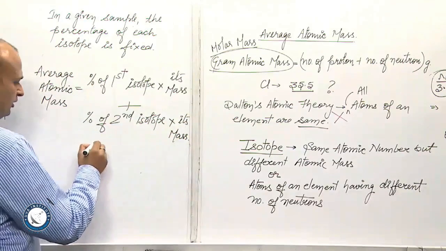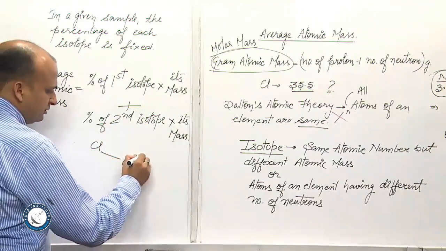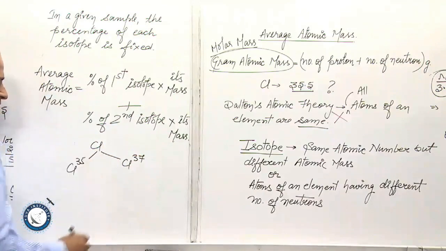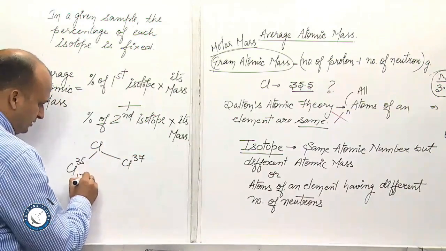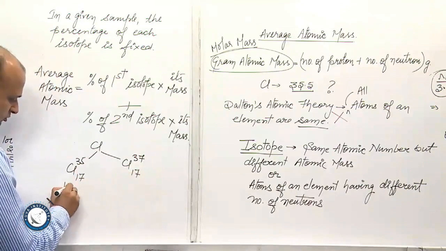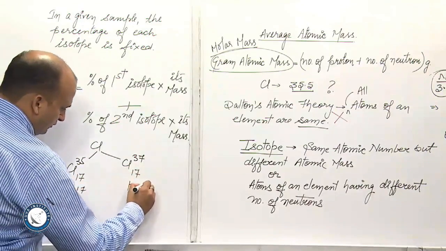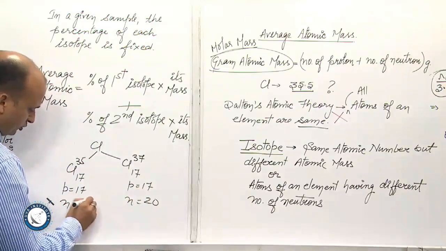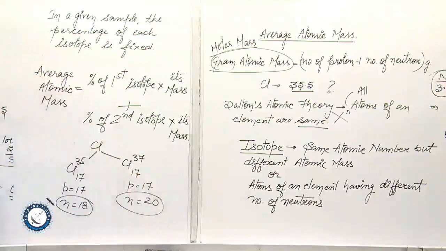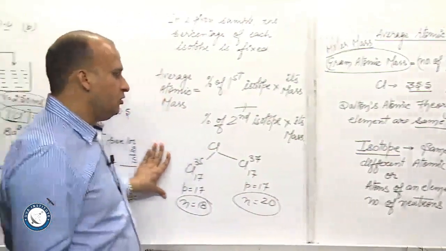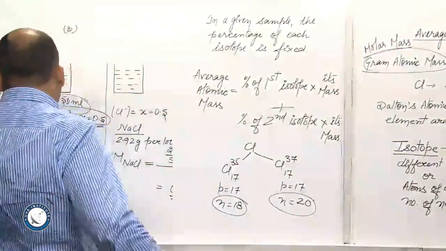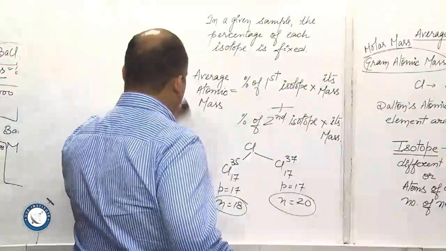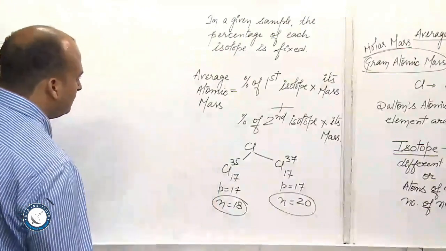Now you see, chlorine has got two isotopes, Cl37 and Cl35. In both the cases, number of proton is 17. Proton 17, proton 17. Neutron 20, neutron 18. So you see the difference is in the number of neutrons. Alright? So now how do I calculate the average atomic mass of chlorine?